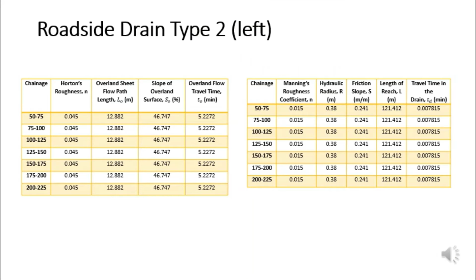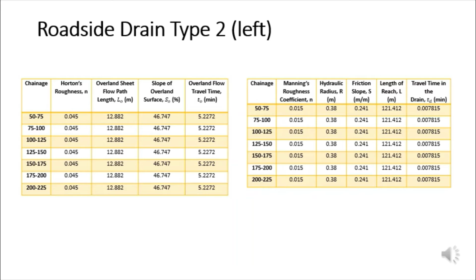Then we will continue with the calculation data. In our calculation, we will use all the formulas from the last slide. The first data is the left side of the roadside drain in channel 50 to 225. For the roadside drain, we will find L0, S0, S, and L, using the cross section.